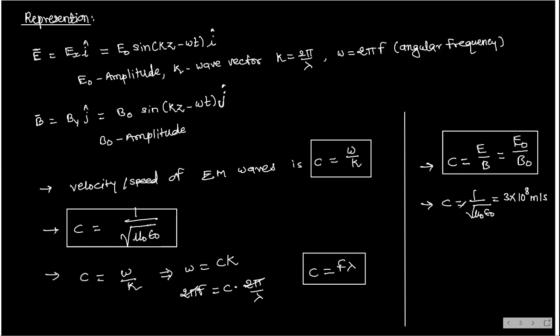So this is what: c is equal to 1 by under root mu naught epsilon naught. This is in vacuum. Now let's see in medium what happens. In medium, c in medium is equal to 1 by under root mu epsilon.